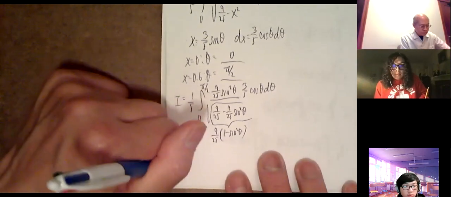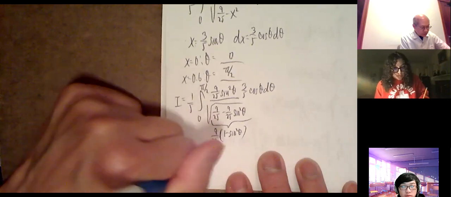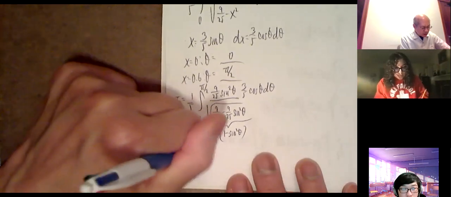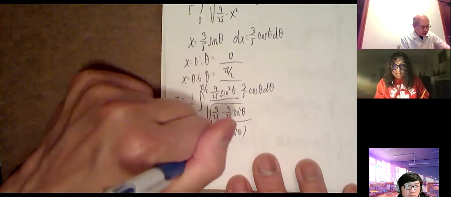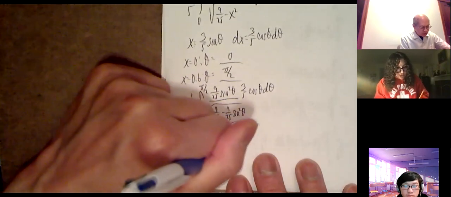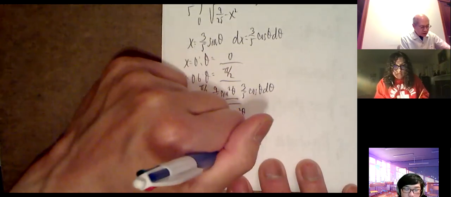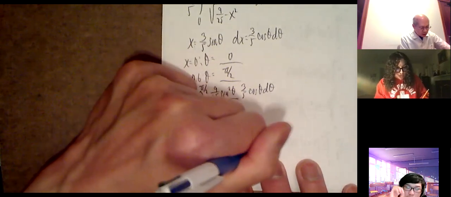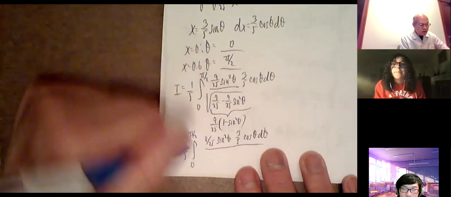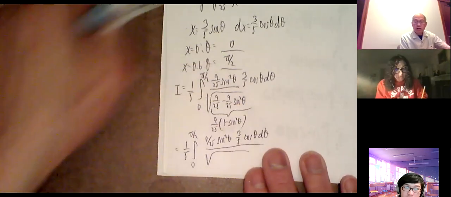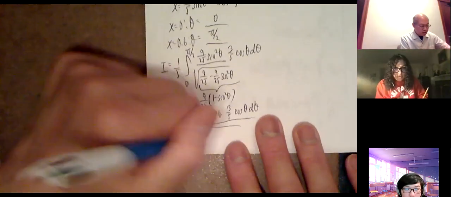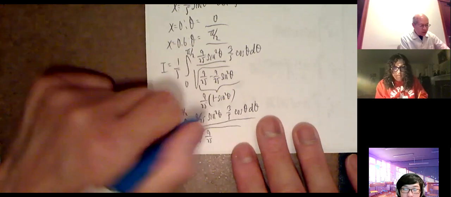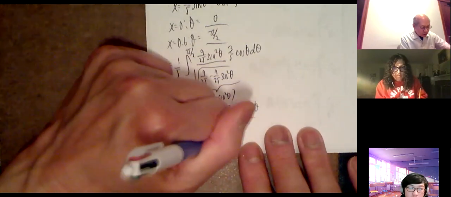Right? So 1/5 integral from 0 to pi over 2, 9 over 25 sine squared theta times 3/5 cosine theta d theta over radical 9 over 25, 1 minus sine squared is cosine squared theta.